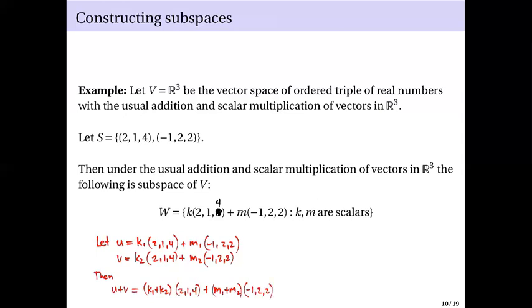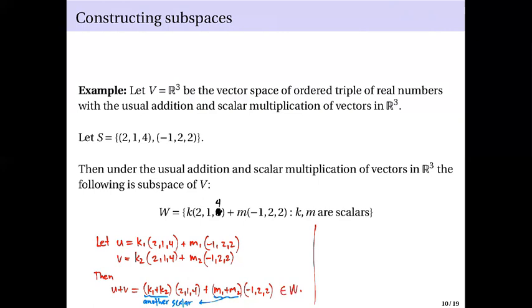But note, this is just another scalar, and this is also just another scalar. k and m are scalars, so k1 plus k2 is just another scalar, and m1 plus m2 is just another scalar. So this is inside W.